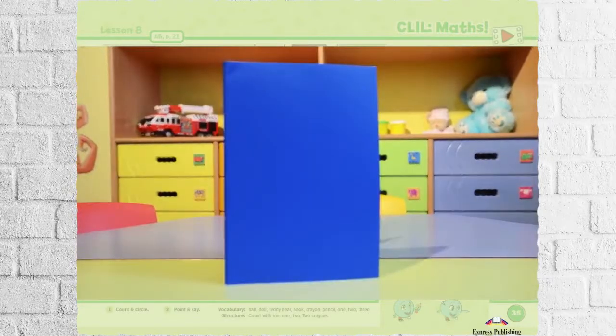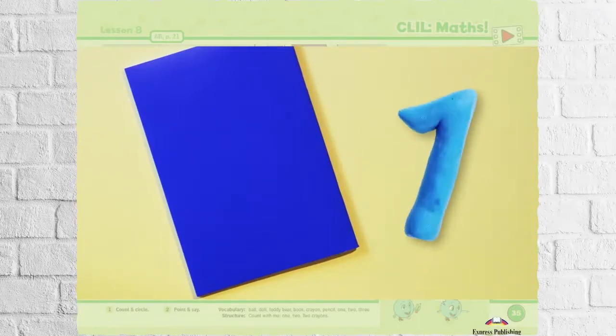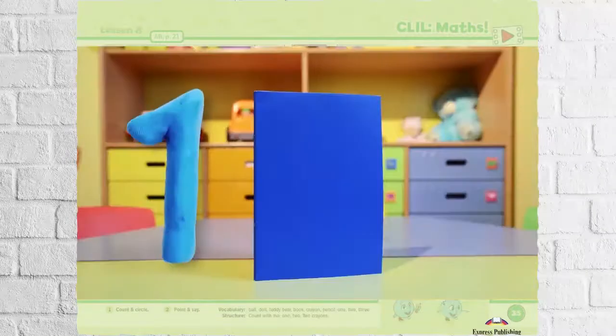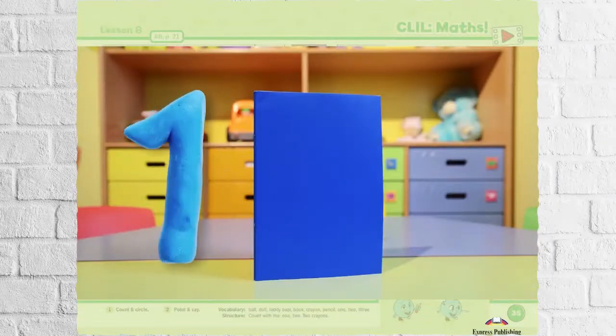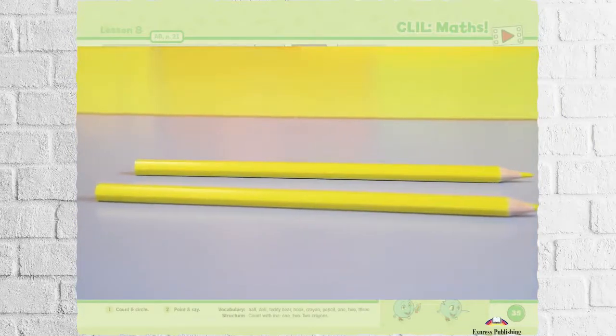Look, a book. It's a blue book. Count with me. 1. One book. 1 blue book. Look at the pencils, the yellow pencils.